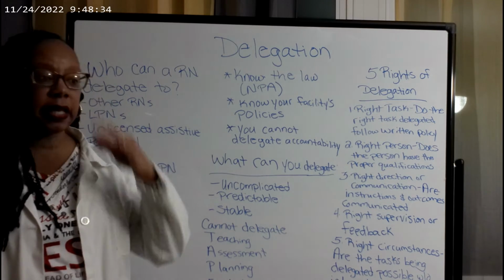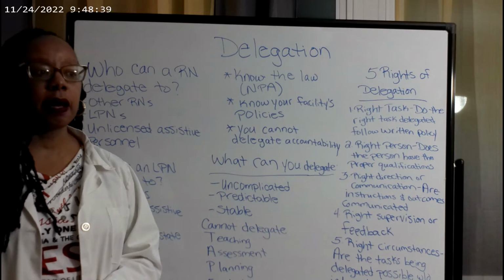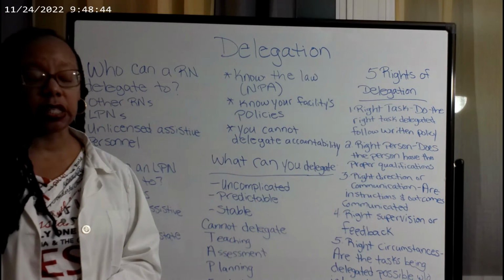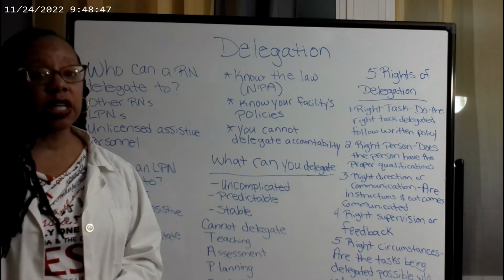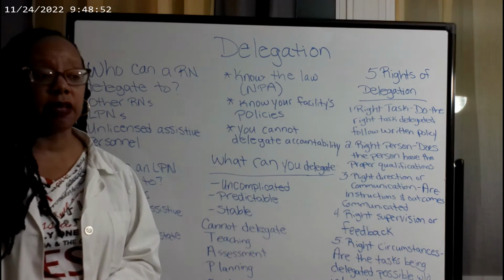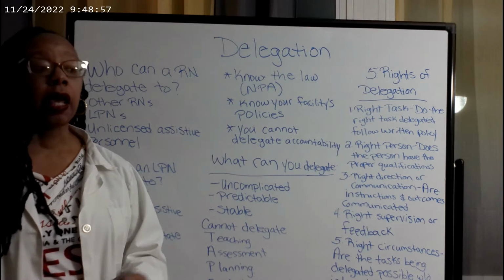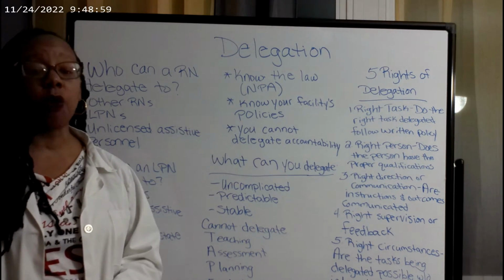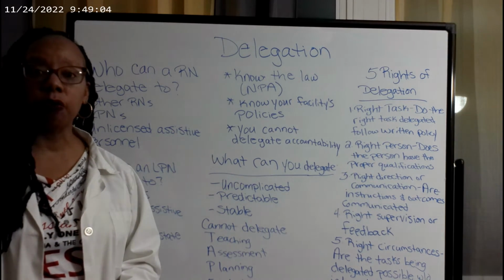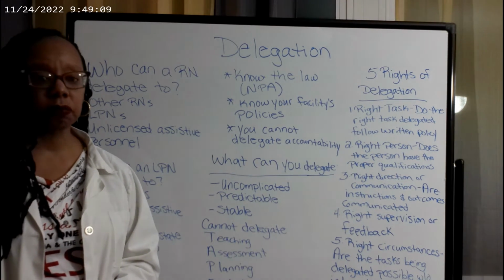So if you have an unlicensed assistive personnel and you delegate doing a blood sugar to that person, you need to be very clear in your communication. If that blood sugar is less than 70, report that to me immediately. If the blood sugar falls between 70 and 100, document it, and then I'll check it by 10 a.m. or when I get a moment.